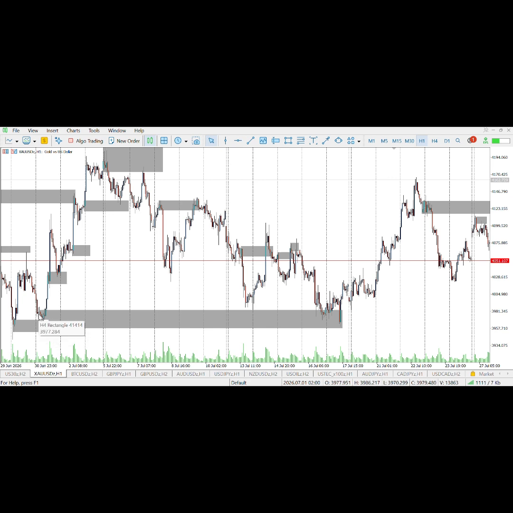So I'm looking at drop, base, rally here. You can see it, drop, base, rally. And what is the first zone that came? The first one didn't actually touch it, it just came here slightly and moved back.